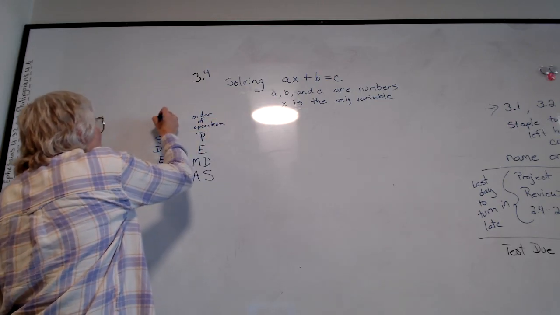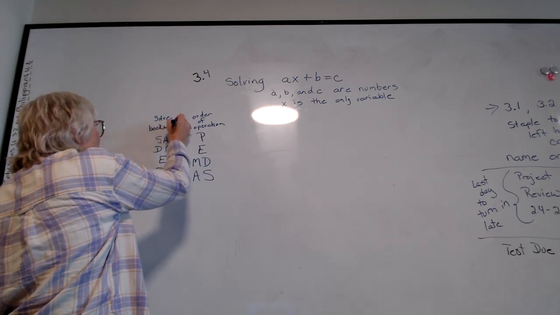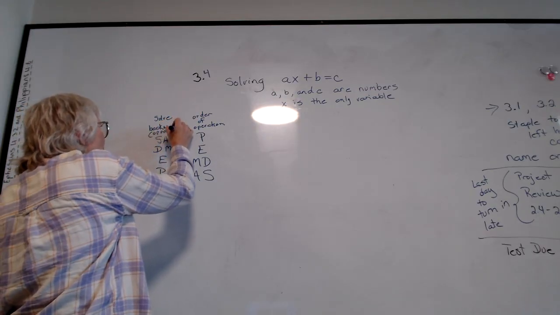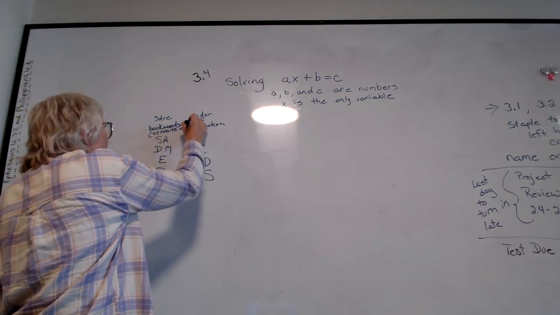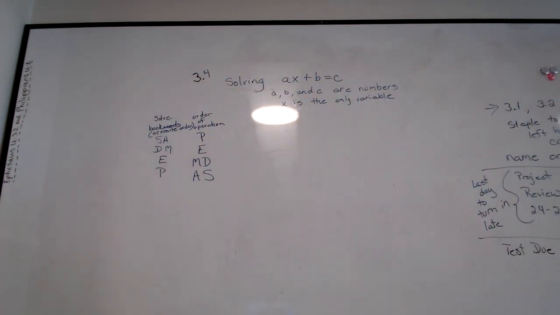To solve, we go backwards, or you could think of it as in the opposite order. That's always key to remember. So what would we do first? We're actually going to do last in order. Whatever we did first in order of operations, we are going to do last. Whatever we did last in order of operations, we're going to do first. So that's some things to think about as you're doing this.